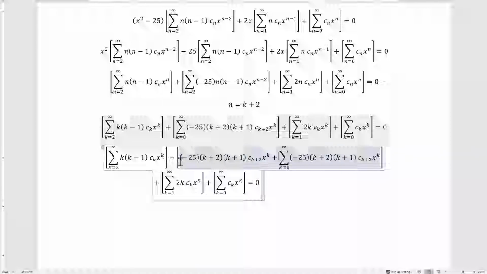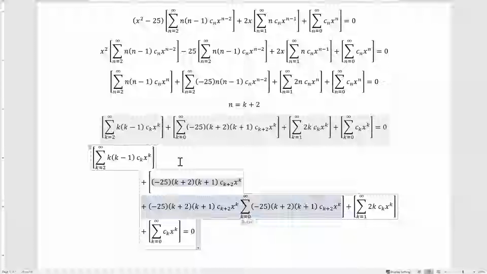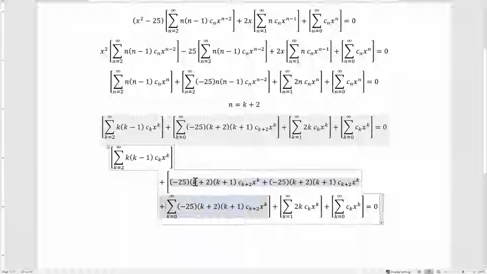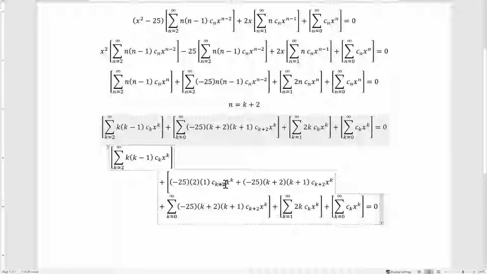When k is equal to 0, and the same quantity when k is equal to 1. So k is equal to 0. We have just a 2, this is just a 1, this is just a 2, and then we have k to the 0th power, which is 1. That's going to make this a constant term, but we'll deal with that in a few minutes.